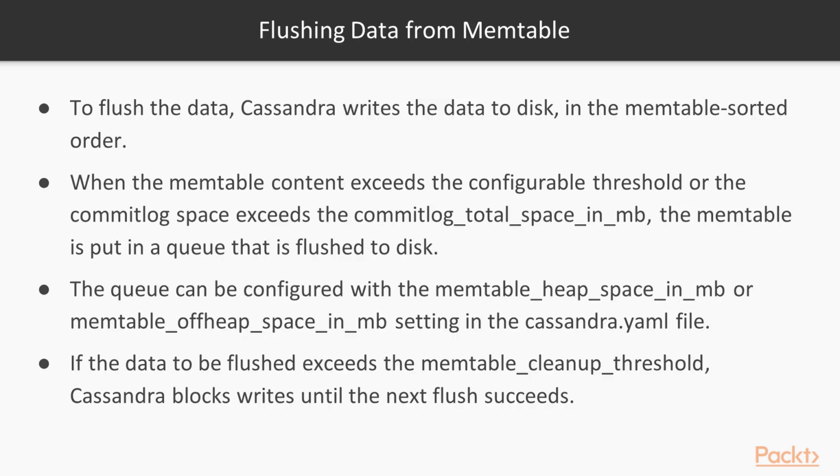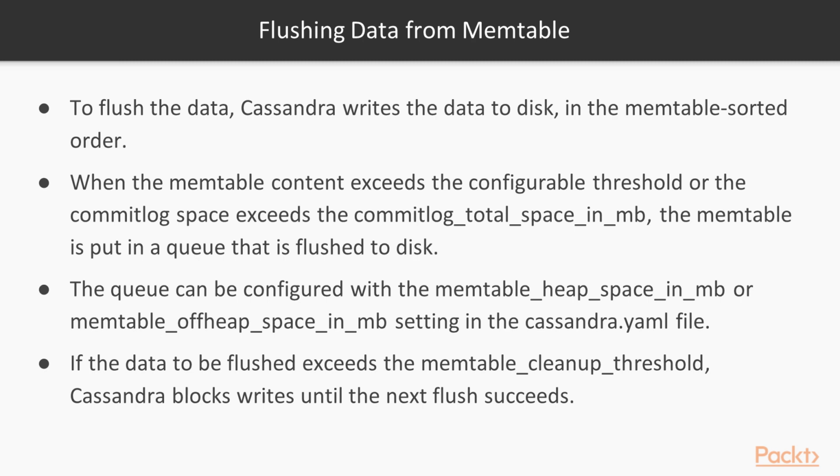And let's look at what flushing data from the memtable to disk looks like. To flush the data, Cassandra writes the data to disk in the memtable sorted order. When the memtable content exceeds the configurable threshold, or the commit log space exceeds the commitlog_total_space_in_mb configuration parameter, the memtable is put in a queue that is flushed to disk.